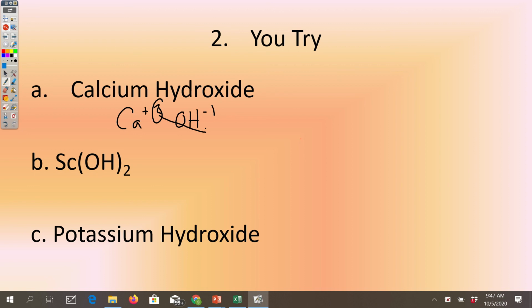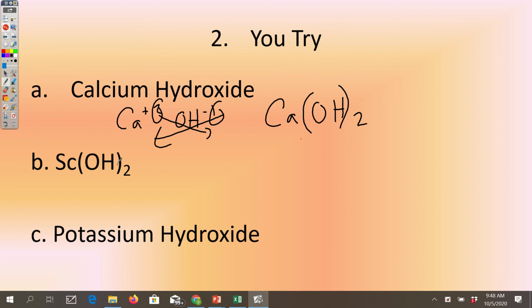I'm going to swap them. So Ca, I don't need to write my 1, OH, 2. What is wrong with the way that I have written this? Ed, you should have told me I need parentheses around the OH. Otherwise, I'm saying I have 2 hydrogens, but I want to say I have 2 hydroxides, so I need to put it in parentheses.